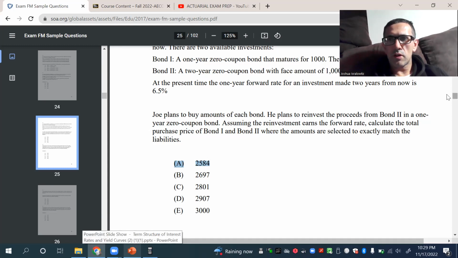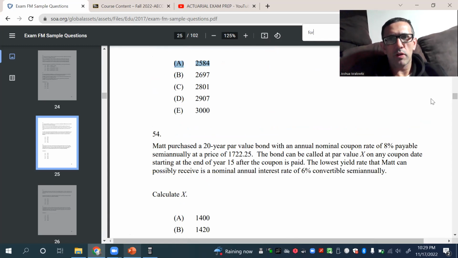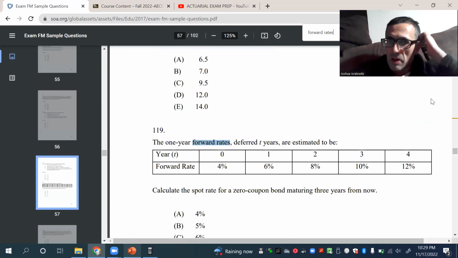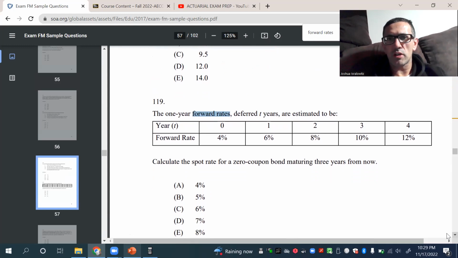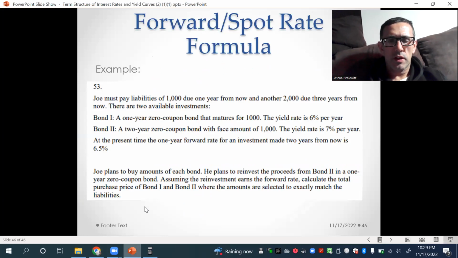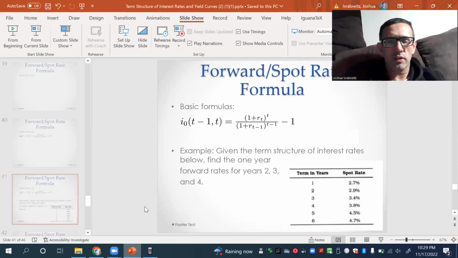Okay. And there's not too many problems with forward rates. There's one, 119. I was thinking of doing it, but it's really just plug and chug. It's very easy. Try that yourself. But that's it. So next up is duration, and you might want to review differentiation.